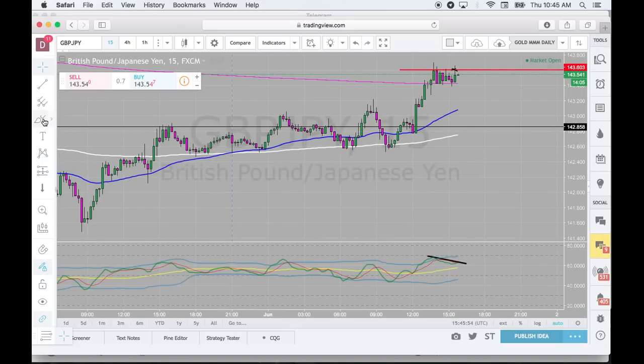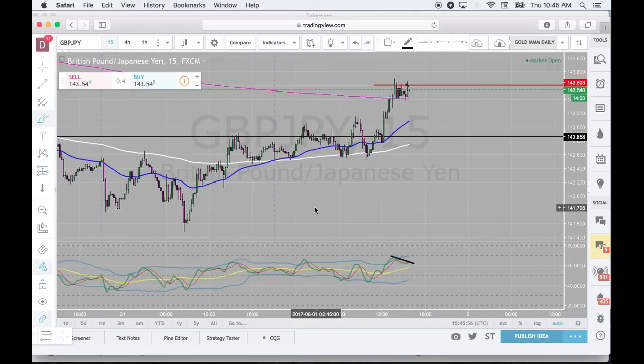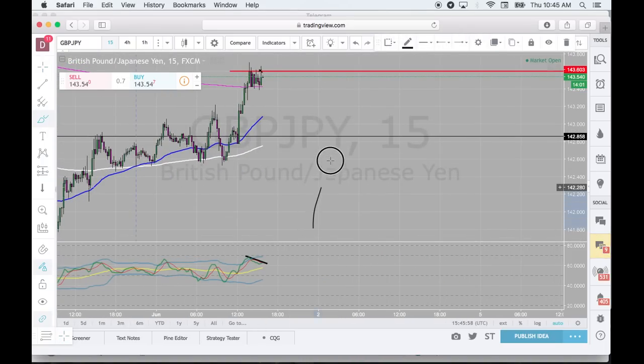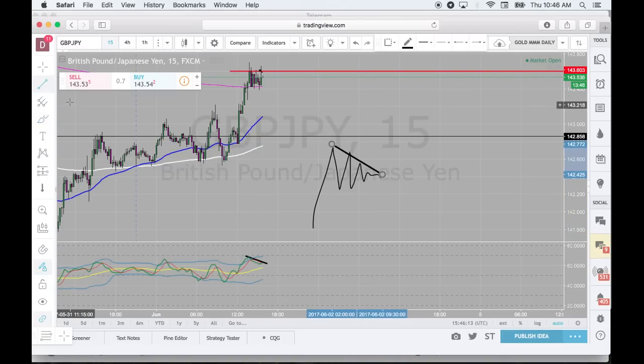A lot of times the dealer will come up, create their high, and then form like a wedge pattern like this. And what does that do? Retail traders trade these wedges. So when a retail trader sees this, he will say, oh, check that out, that's a wedge. I know what I'm going to do. I'm going to buy the breakout or sell the breakout of the wedge.